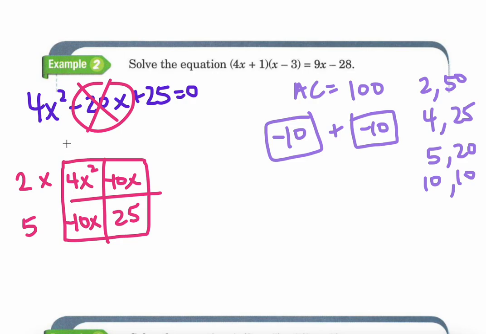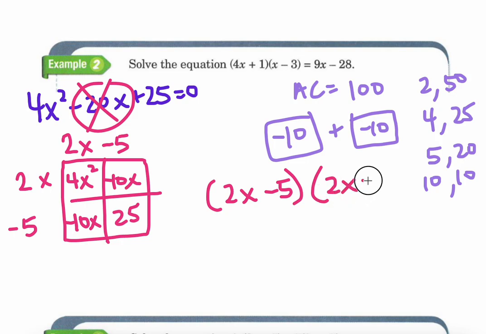These two up and down have a 2 in common and an x. And these two have, let's see, a 5. Let's pull out a negative, because I know I need a negative in there somewhere. So I end up with 2x minus 5 times 2x minus 5.